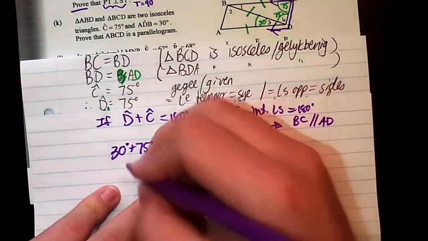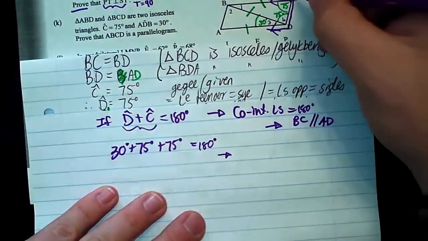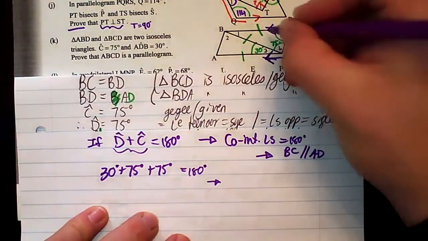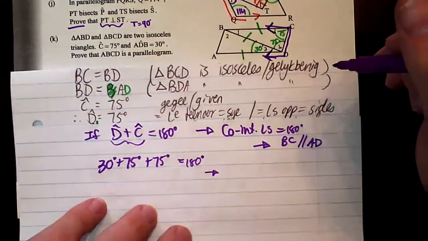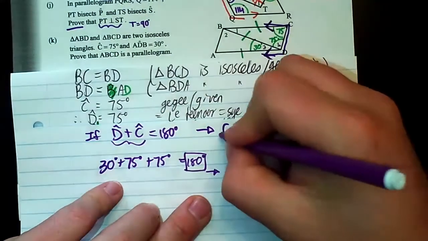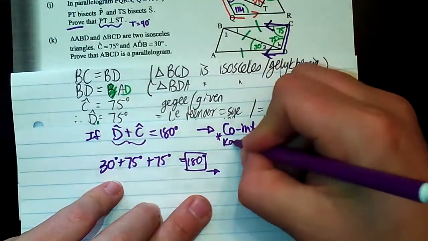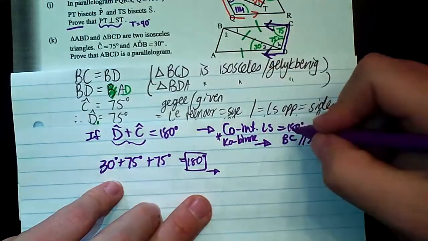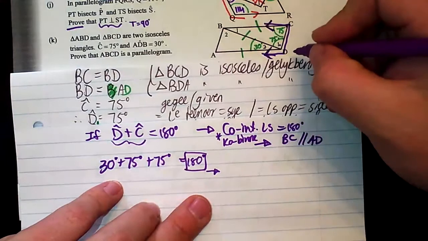Okay, ons het nou bewys dat hierdie twee hoeke saam, D en C, as hulle saam 180 grade is, dan bewys ons dat hierdie lyne ewewydig is. Right. En ons stel hulle bymekaar en ons kry wel 180 grade. So dit beteken dat hulle wel ko-binnehoeke is wat 180 grade saam is. So BC moet dan parallel wees aan AD.